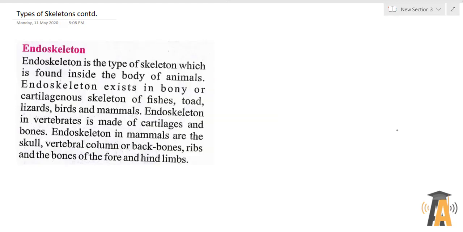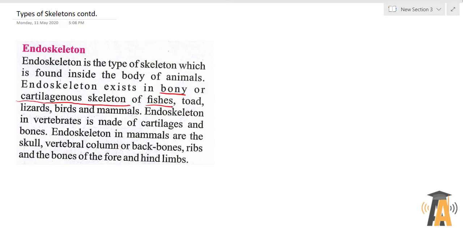So we quickly move to the third type of skeleton, which is endoskeleton. The word endo means inside, so this type of skeleton is found inside the body of the animals. And endoskeleton exists as bony or cartilaginous skeleton.